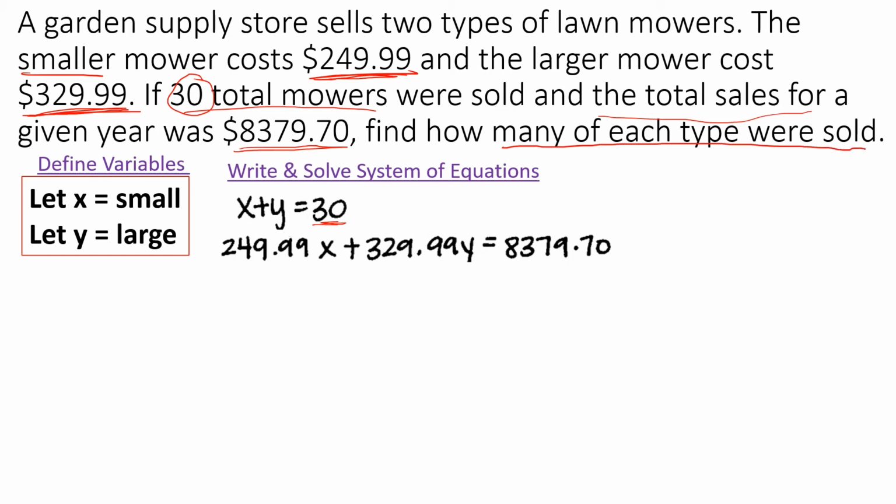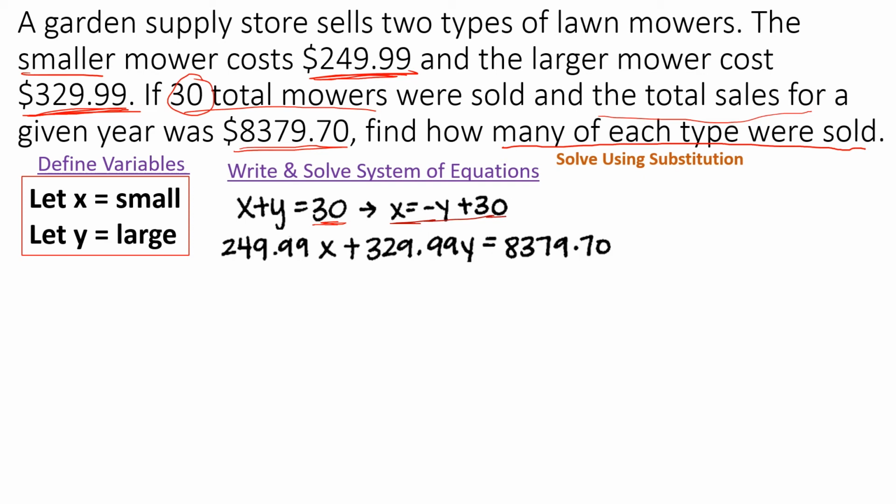Alright, so first thing we do, we want to solve using substitution because we have all these decimals, right? And so we don't want to multiply another equation by decimals to give us even more decimals. So if we want to solve using substitution, of course we solve for one of the variables first. And so we've solved this here for x.